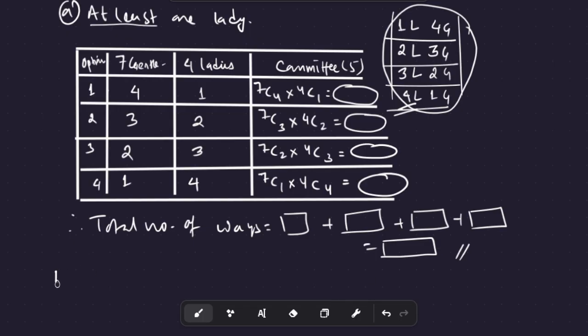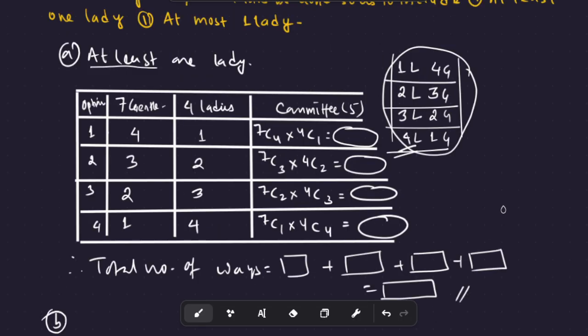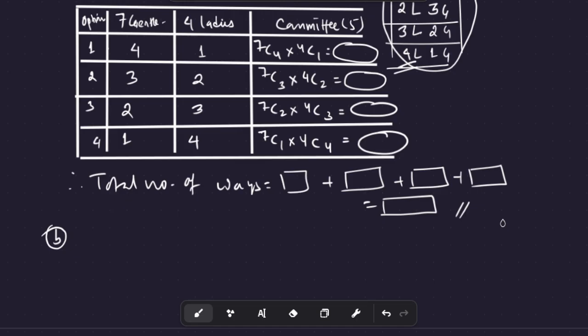If so, then let's discuss the second case. The second case is at most one lady. What does it mean, at most one lady? At most, max one.